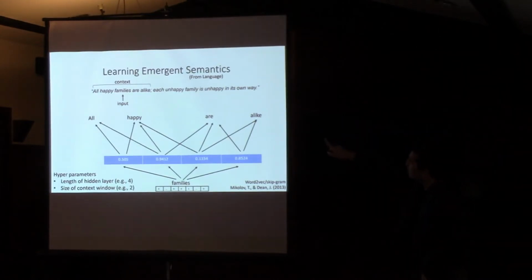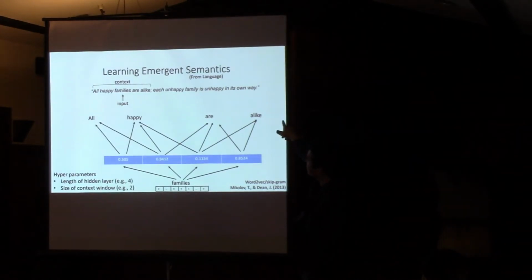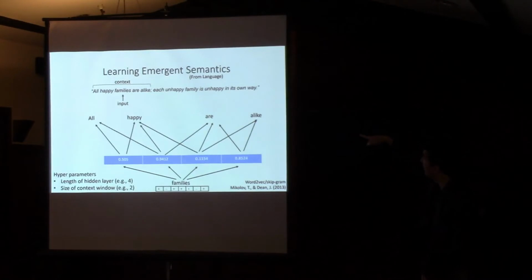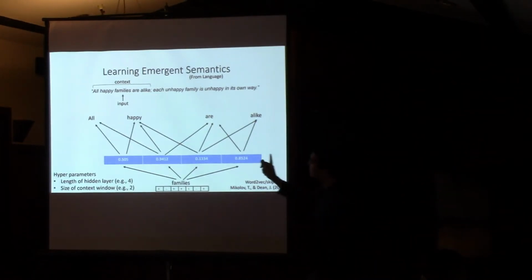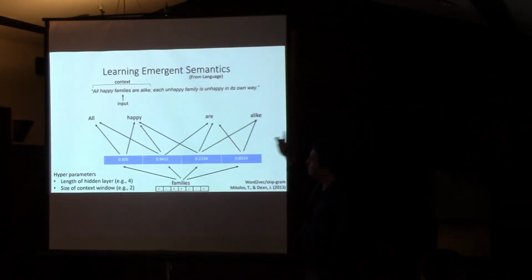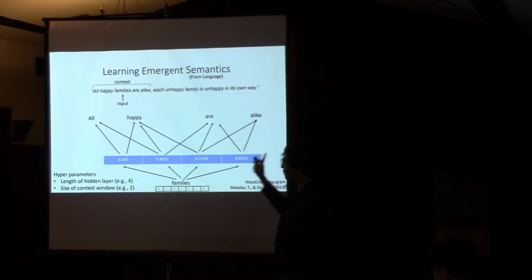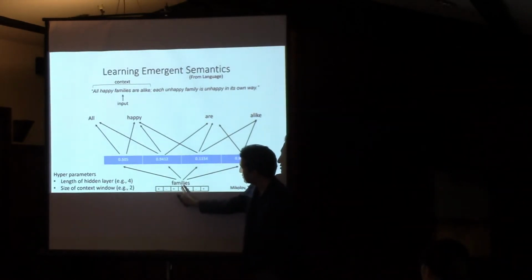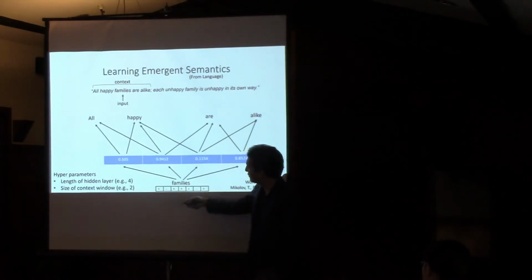So here's the first sentence from everyone's favorite Russian novelist. All happy families are alike. Each unhappy family is unhappy in its own way. And what the model does is it sweeps through the entire corpus, and it takes every word in the corpus, and that word will serve as the input at least once, but as it iterates, multiple times.